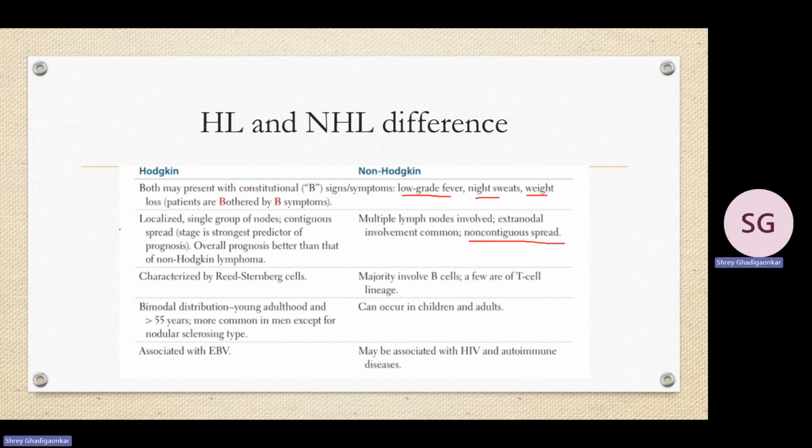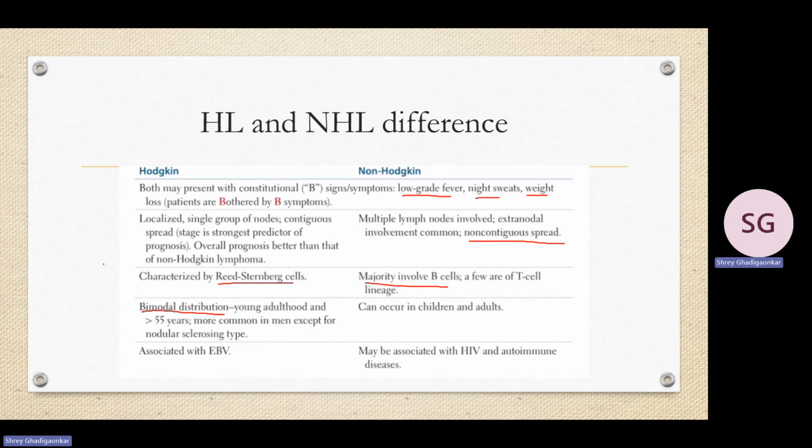As mentioned before, Hodgkin lymphomas are usually characterized by Reed-Sternberg cells, and in non-Hodgkin, there's a majority of B cells, and a few of these might be of T cell lineage as well. You also have the demographic which is affected.